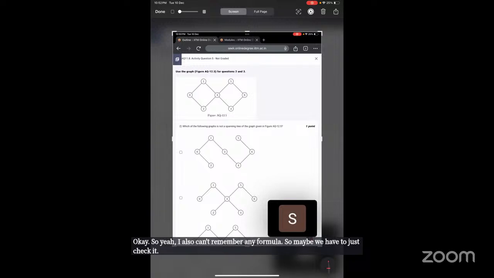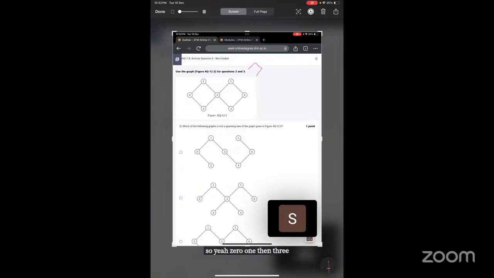So 0, 1, then 3, then this is a possible way. Then again, if I take this, then this, then this, then this, this is a possible way.